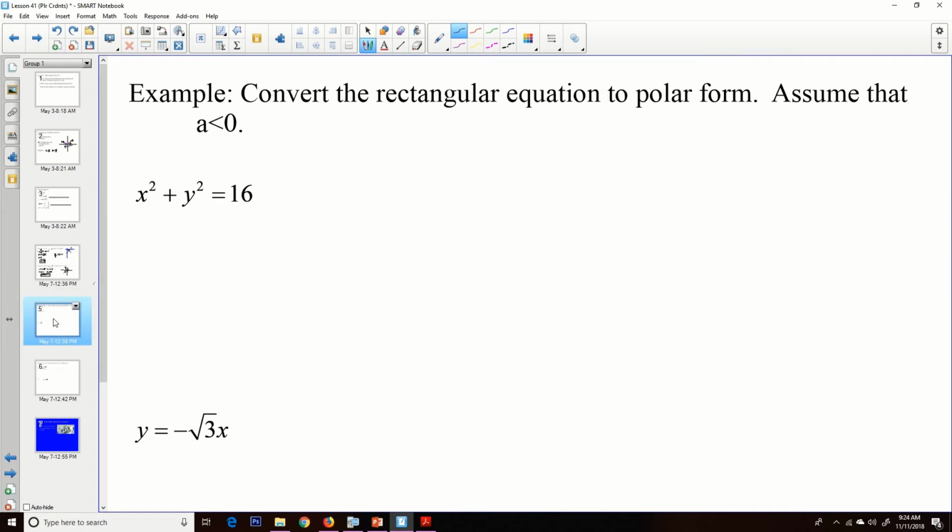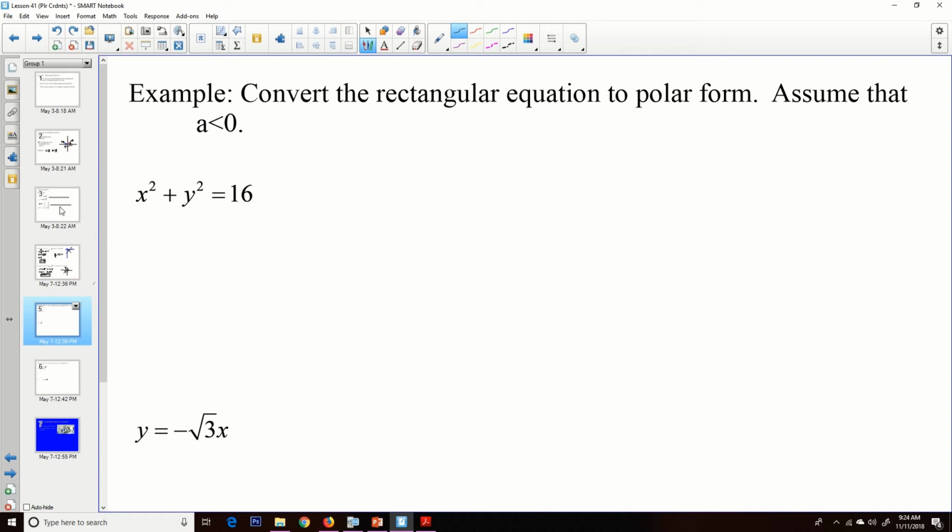All right, let's talk about converting a rectangular equation to the polar form. And here we have a rectangular equation, and we're assuming that a is greater than 0. In this particular instance, we already know what the shape of this graph is. We've been doing conic sections, and this is a circle with radius 4, because this is r squared, if we remember.